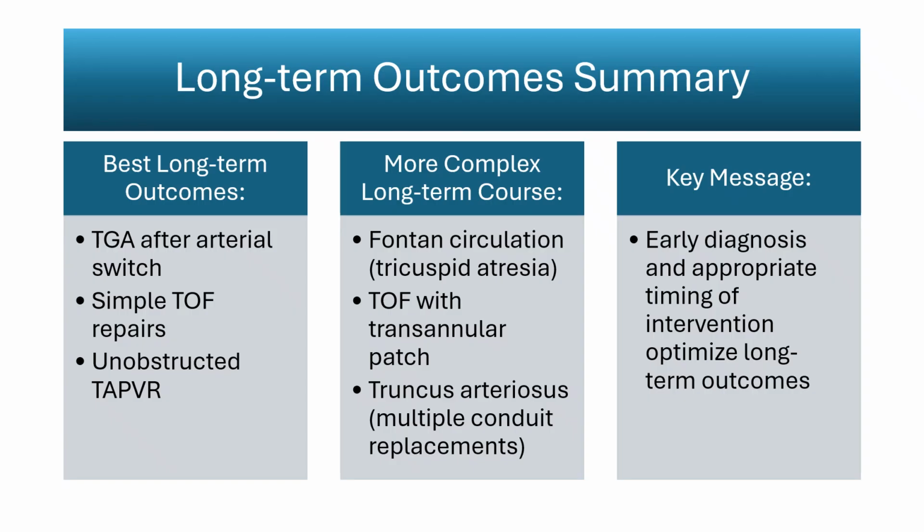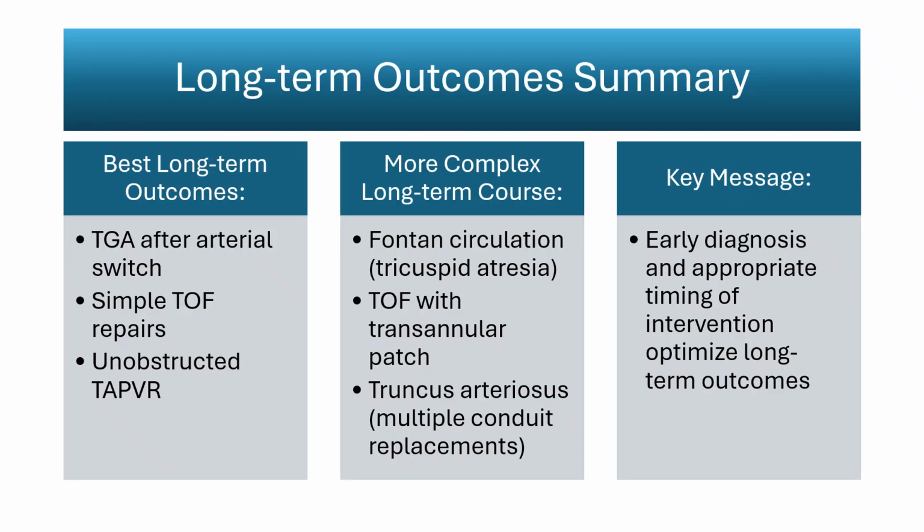Long-term prognosis varies widely among cyanotic heart lesions. The most favorable outcomes are seen in transposition after arterial switch, in simple tetralogy repairs, and in unobstructed TAPVR repaired early, where survival and functional capacity are excellent. More complex pathways have a different course.